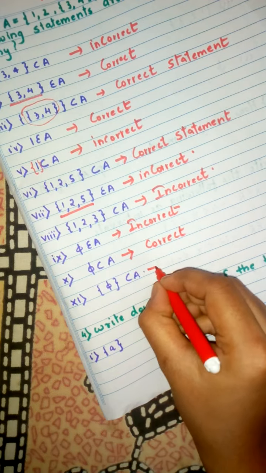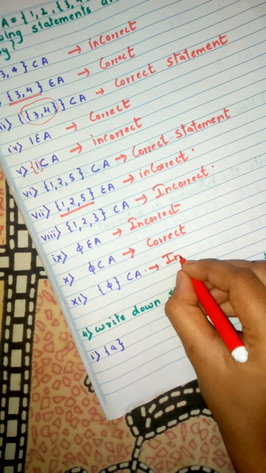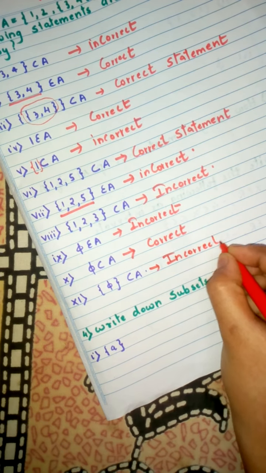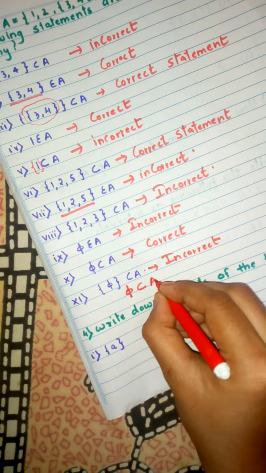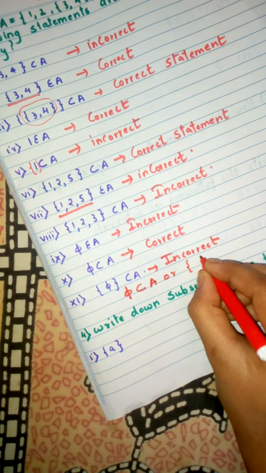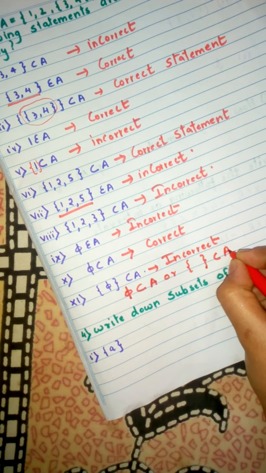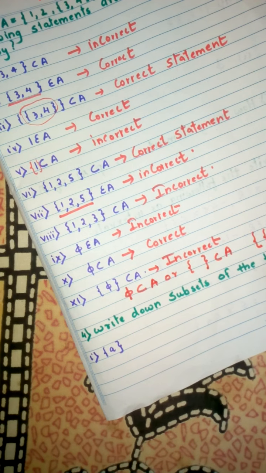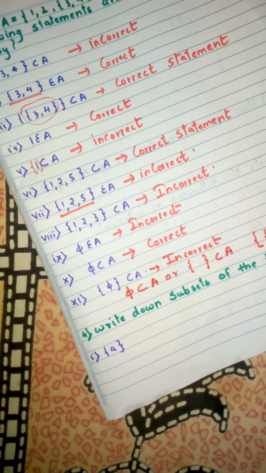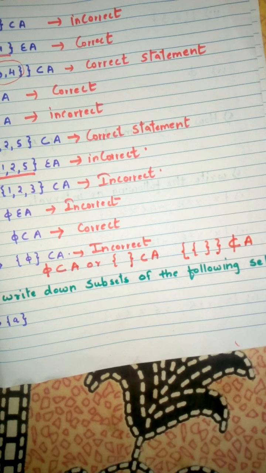This is not correct. Only the empty set phi can be a subset of A, we can write it like this, but {phi} cannot be a subset of A.